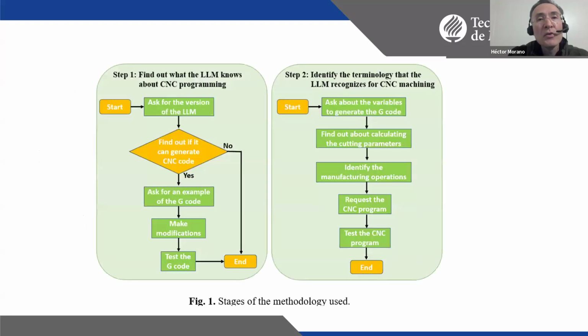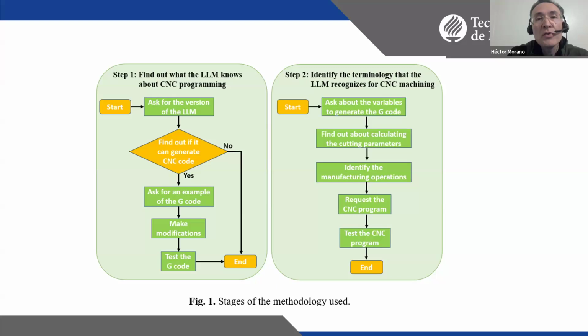The methodology consisted of a sequence of steps to cover the research objectives. Figure 1 shows the different stages of the methodology used. The first step consisted of finding out what the LLM knew about CNC programming.